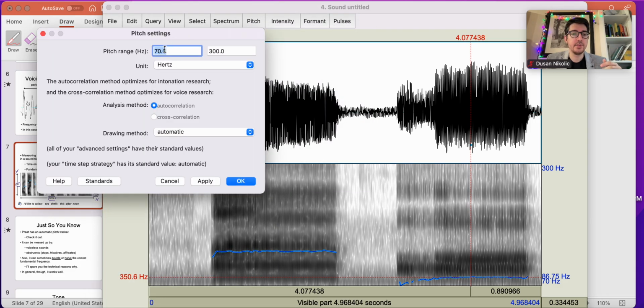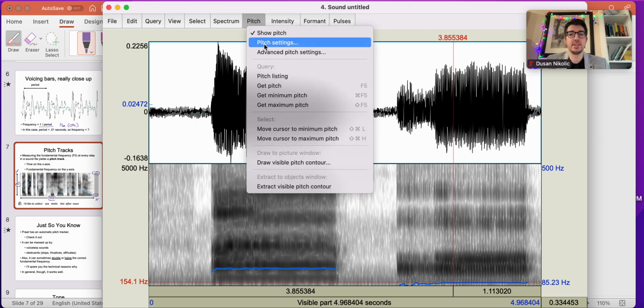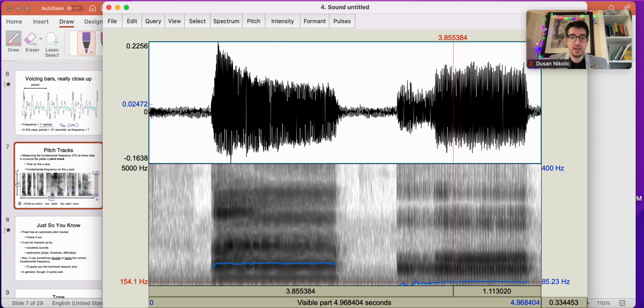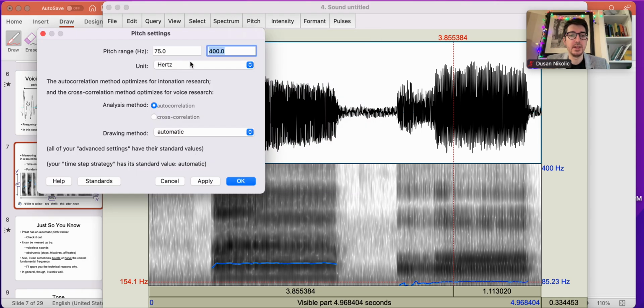So if I set it up to 75 and 500 hertz, 500 hertz is quite high for me, so I might get a very poor reading of this one. You see, it still reads it well, but it might be quite poor if you don't set the pitch properly. I might get something better with 400, because you're reducing the spectrum here. And I might get even better at 300.